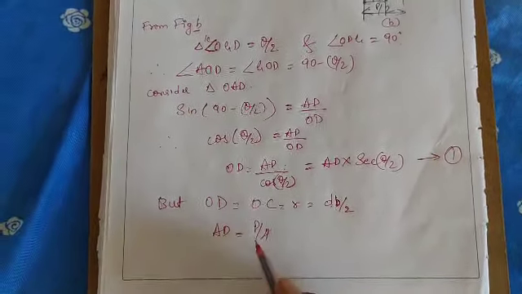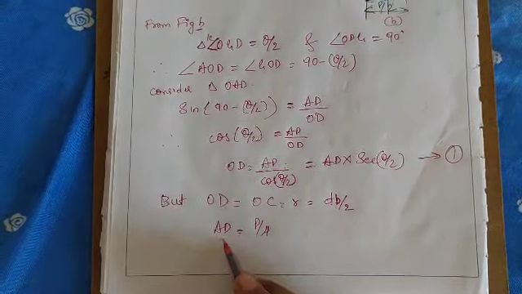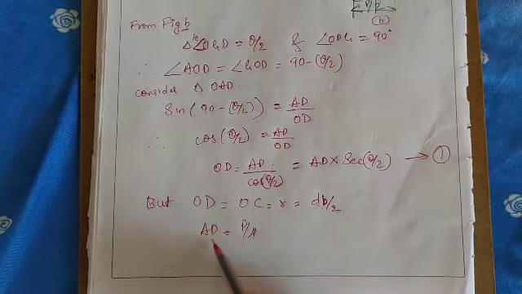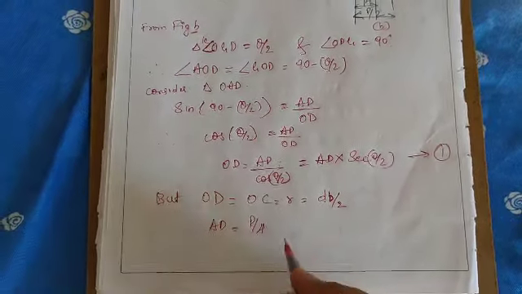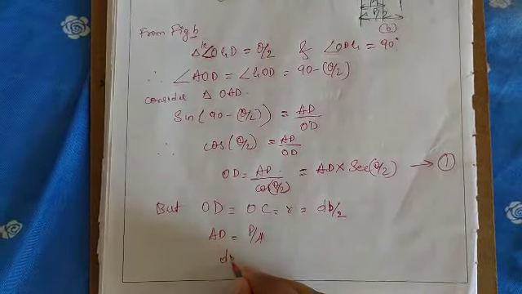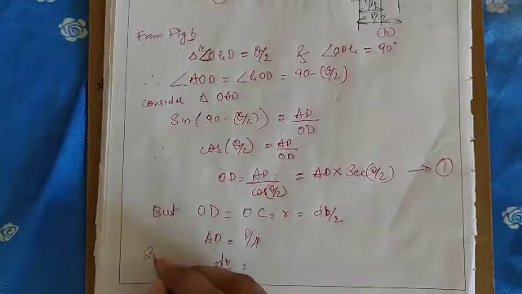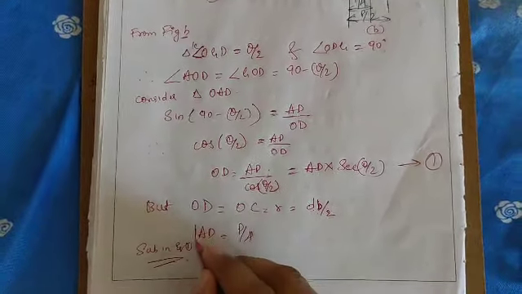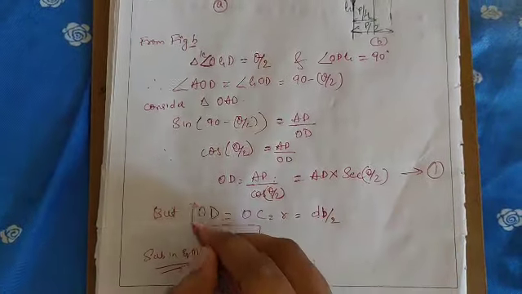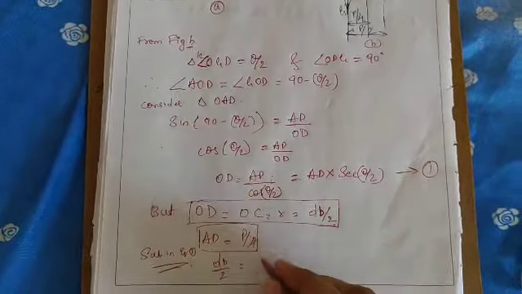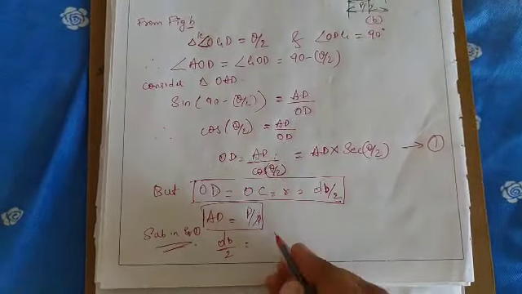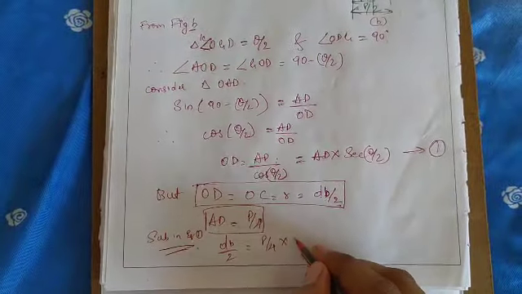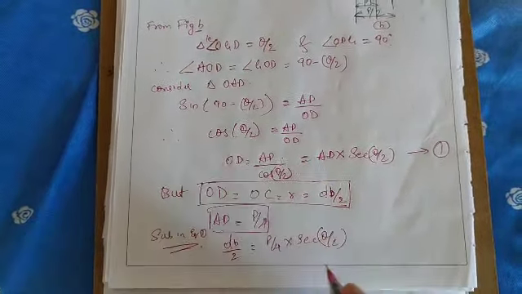Substituting these values of AD and OD in equation 1: OD is Db by 2, which is equal to P by 4, that is AD, into secant theta by 2.